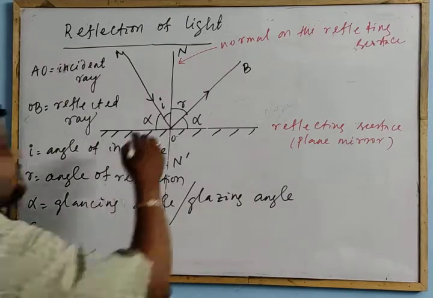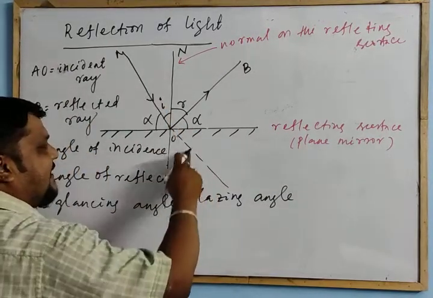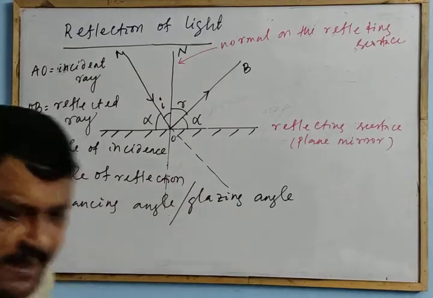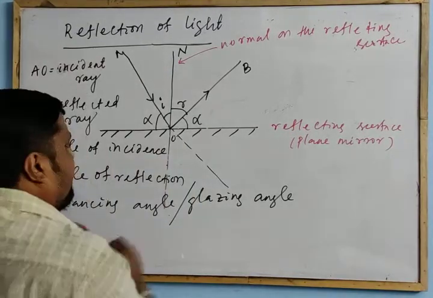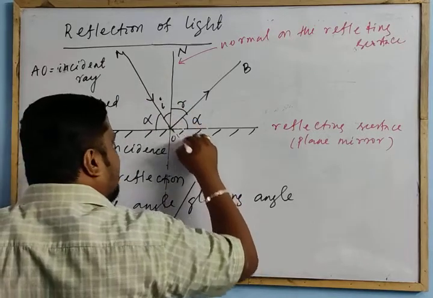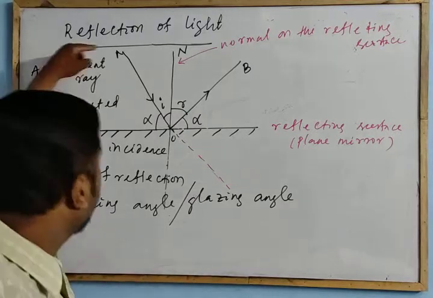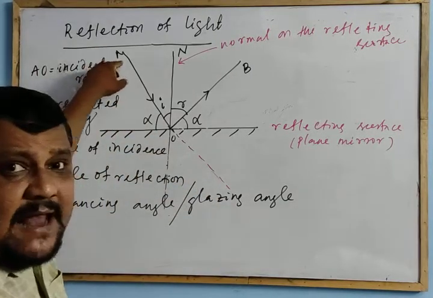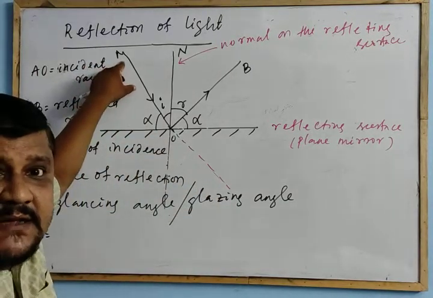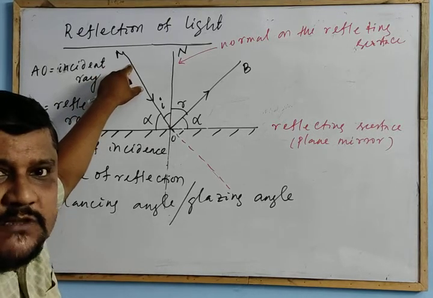What is delta? Let us say this is the actual path of the incident ray AO. Remember, I am showing that in another color. If there is no reflection, the ray will travel along this path, because light travels in a straight line in a homogeneous medium.